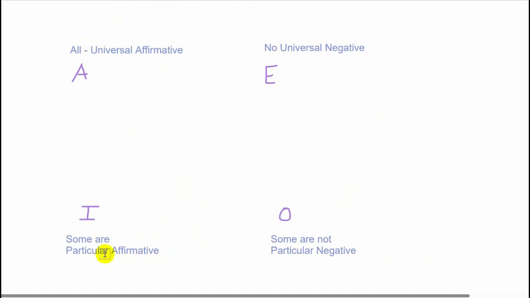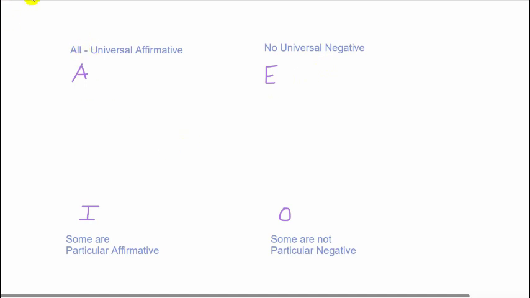Let me make it smaller so that everything can be included in one photo. So all this would be universal positive, no universal negative.